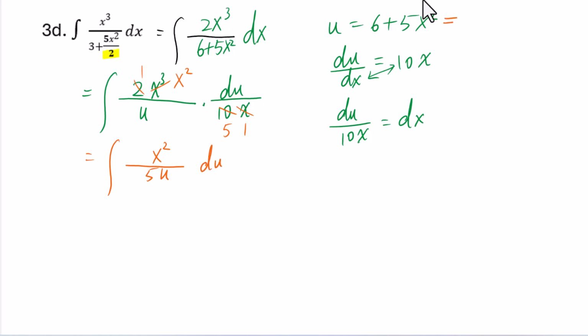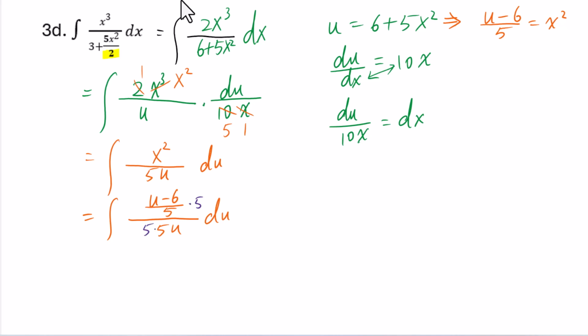From this equation, we can figure out x squared: (u minus 6) over 5 equals x squared. Now plug back in. Equals integral (u minus 6) over 5 over 5u du. Get rid of this 5 times 5 equals integral (u minus 6) over 25u du.